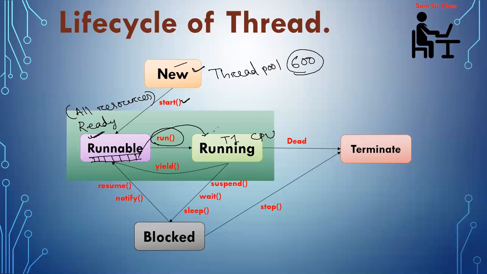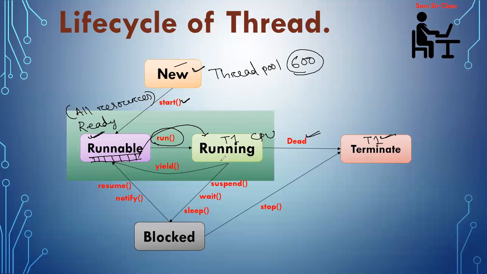Now the thread will complete its execution and declare itself dead, and will come to the terminate state. If normal termination occurs after completion of the execution, they will come to the terminate state by declaring themselves as dead.